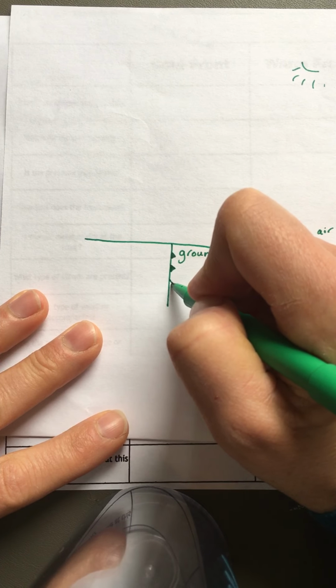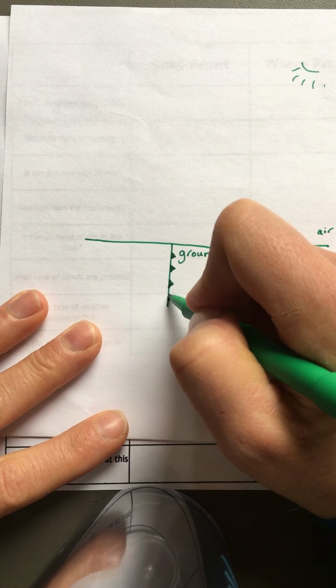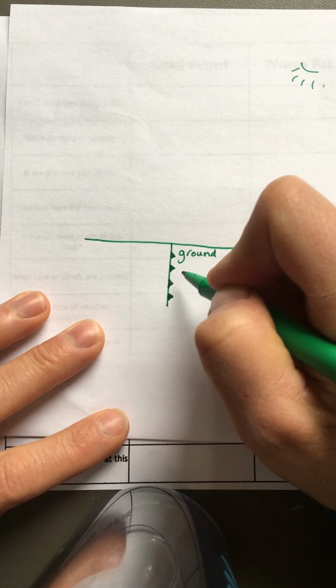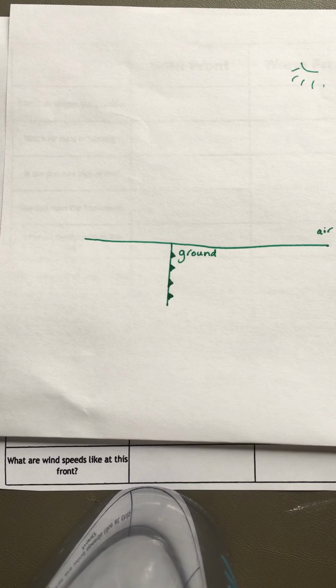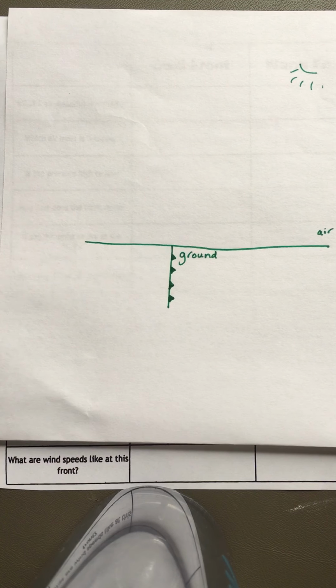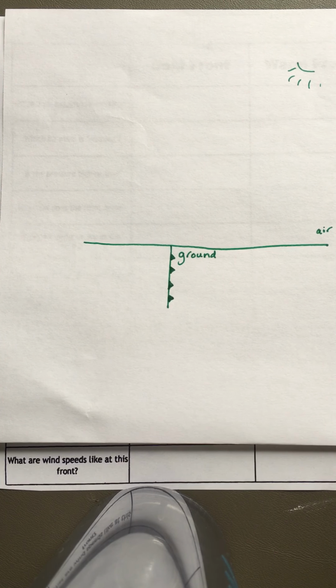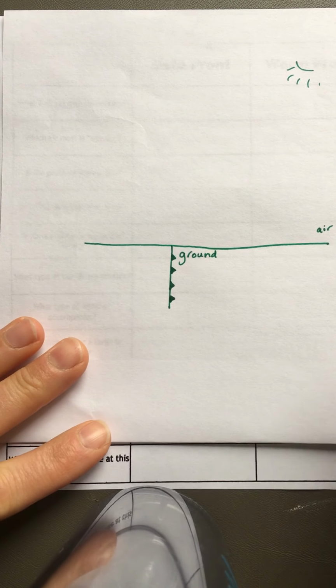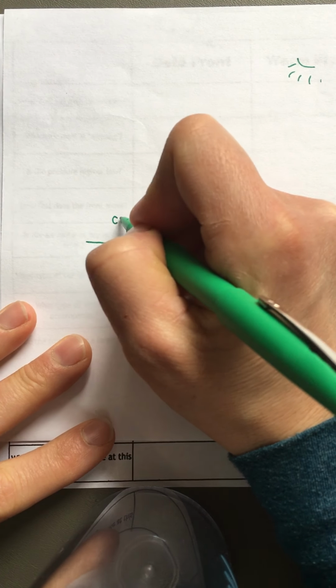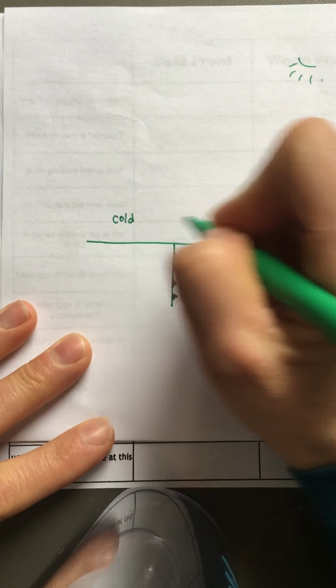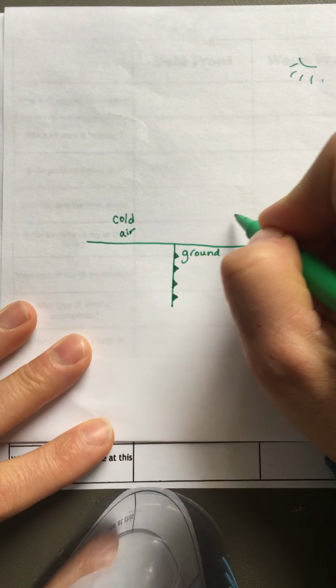Last time we talked about air masses forming over water being moist, over the tropical regions being warm, over land being dry, and over polar regions being cold. So in a cold front, we have a cold air mass colliding with a warm air mass.